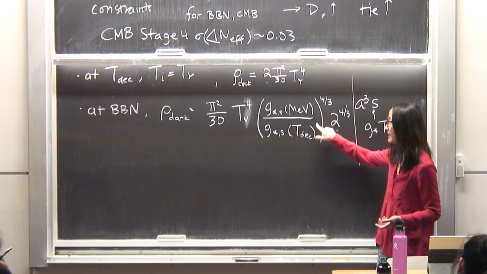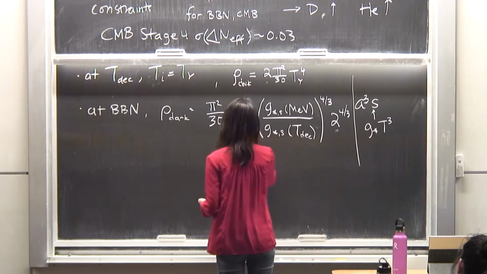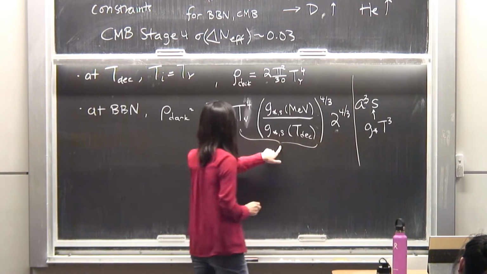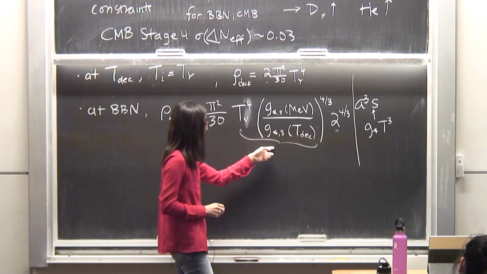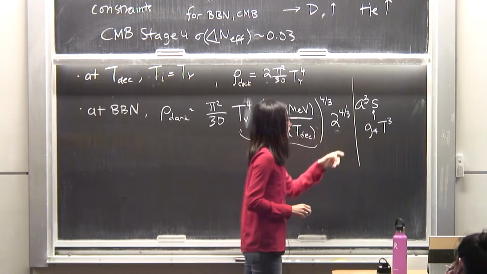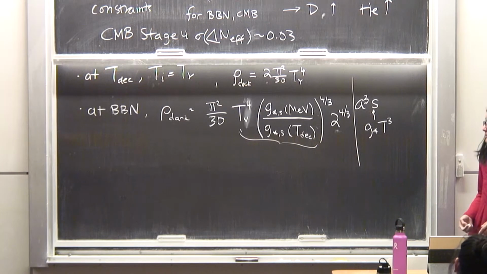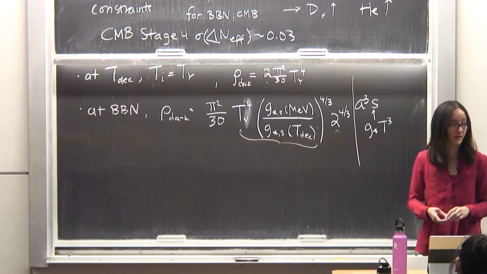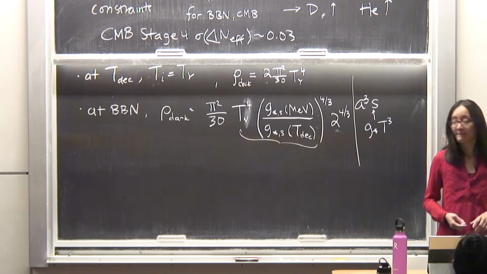Okay, so these factors account for the fact that the dark sector temperature would be lower, ignoring decoupling, just due to the fact that the standard model bath has a changing temperature, and this one accounts for the freeze out of the dark sector. Yes? So that temperature should be photon temperature. Or either you ignore this factor relating neutrino temperature and photon temperature.